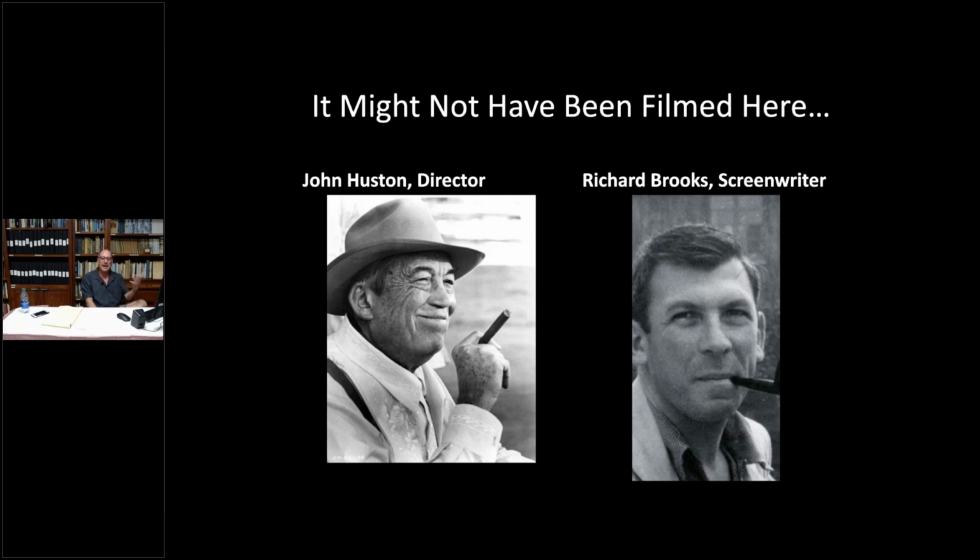So Richard Brooks was hired to rewrite the script, and Brooks and Huston both came to Key Largo and visited, and they found the Caribbean Club, which was closed for the season because in those days, during the summer months, things were closed down because there were no visitors.